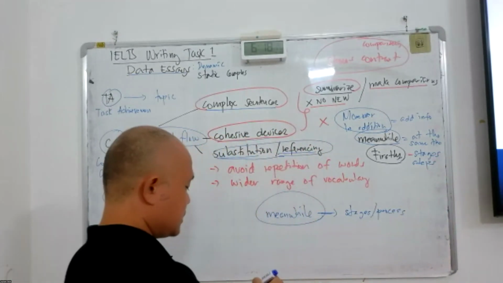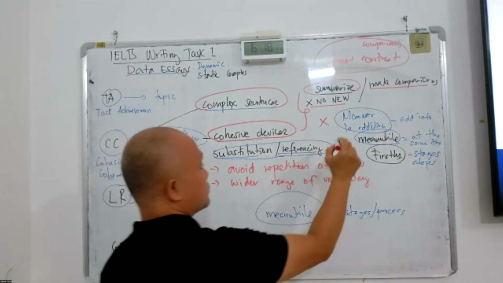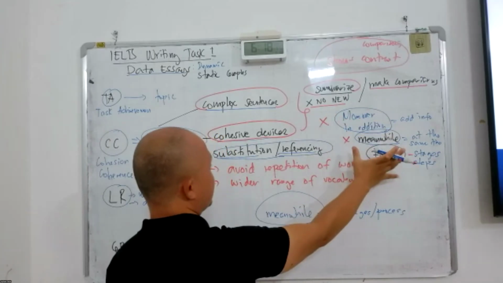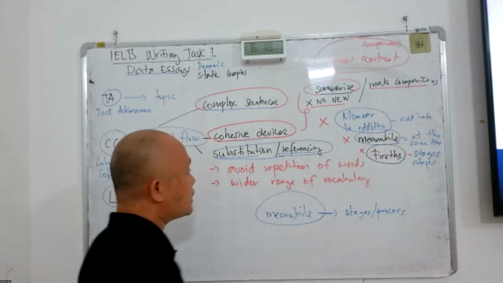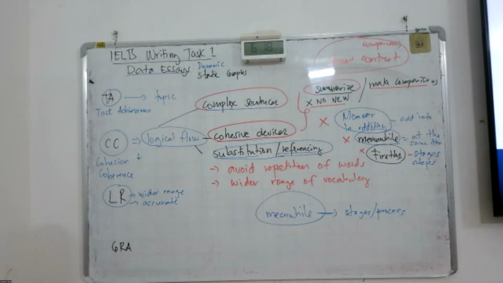That is why these cohesive devices shouldn't be used in connecting ideas in data essays. The main reason there is that our task is simply to summarize the information, the first task, and the second task is to make comparisons where relevant.